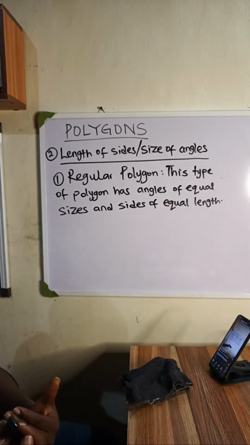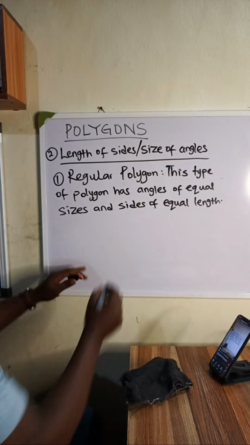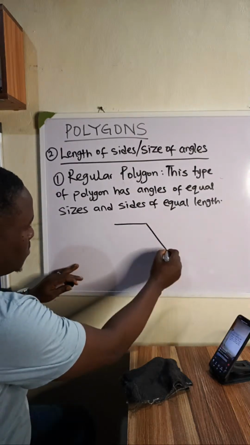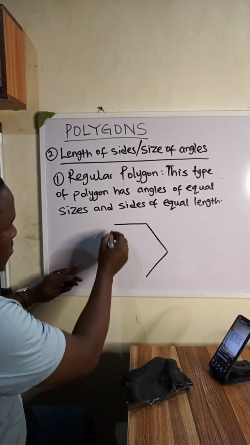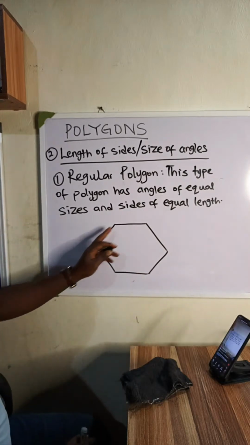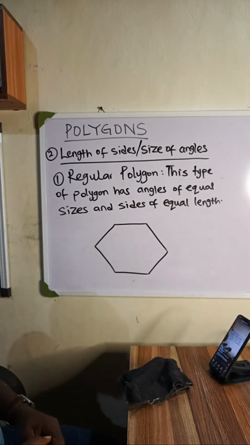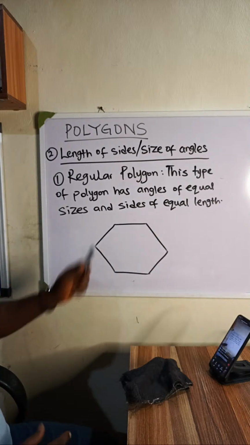For example, let's draw a regular hexagon. 1, 2, 3, 4, 5, 6. For a regular hexagon, all the sides will be the same.